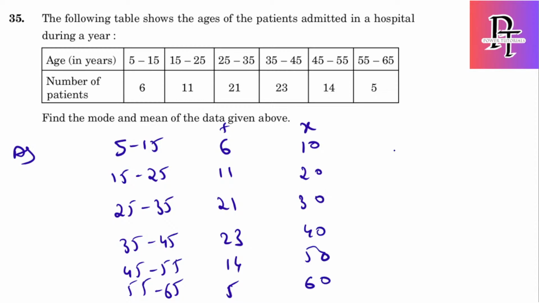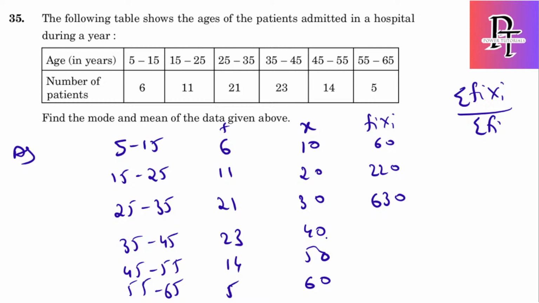So to get the mean value, what is the formula? Sigma FiXi by sigma Fi. Okay, so let's calculate FiXi here. 6 into 10 is 60, 11 into 20 is 220, 21 into 30 is 630, 23 into 40 is 920, 14 into 50 is 700, 5 into 60 is 300.